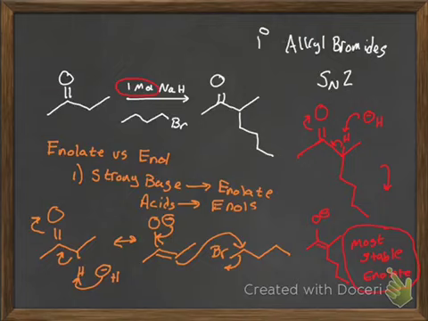So now I have a puzzle for you. Here's what I want you to do. I want you to take this reaction. I want you to take this diketone, which is spelled diketone for those of you wondering.